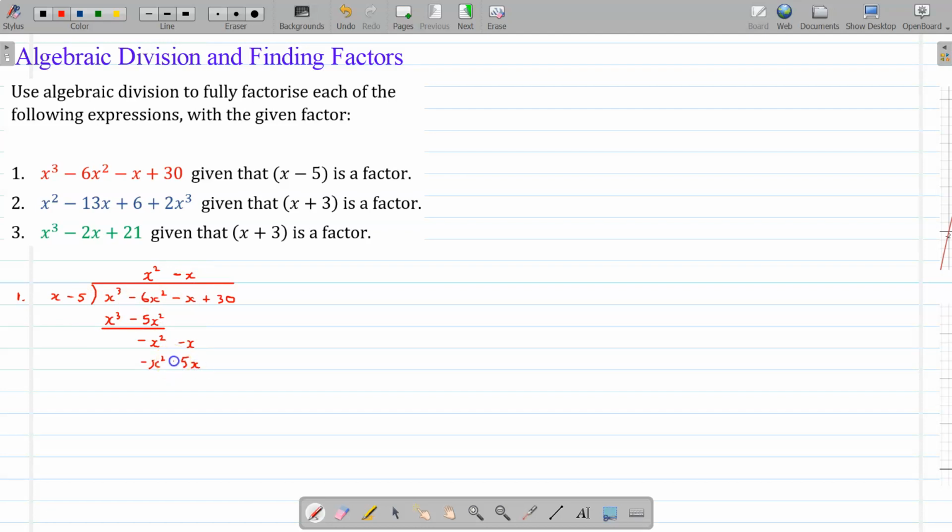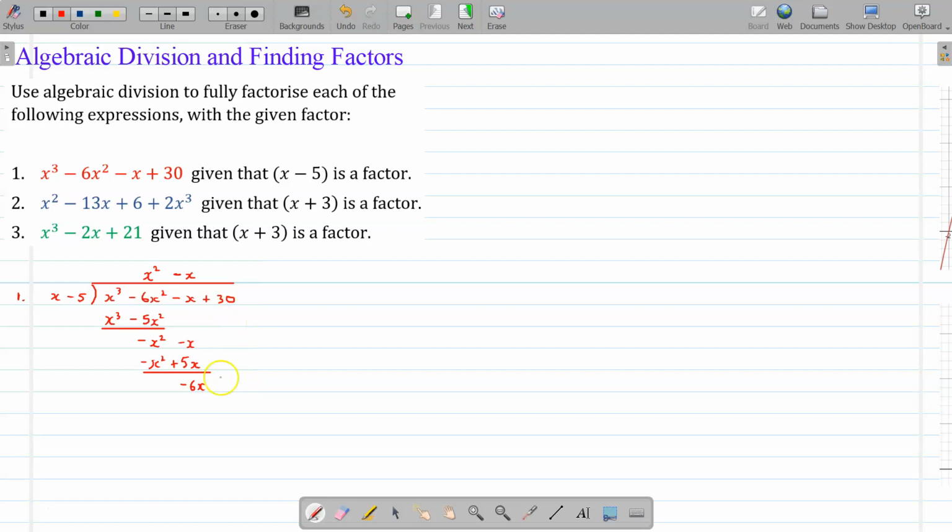Okay, plus 5x. And then we do the subtraction again, and we have this time minus x take away 5x, which is actually minus 6x.